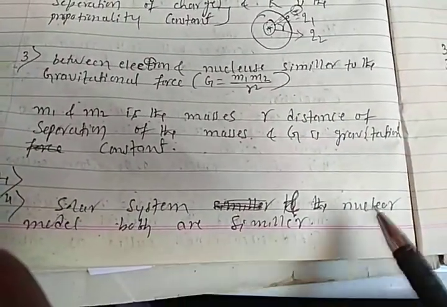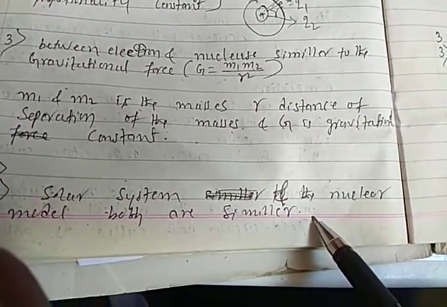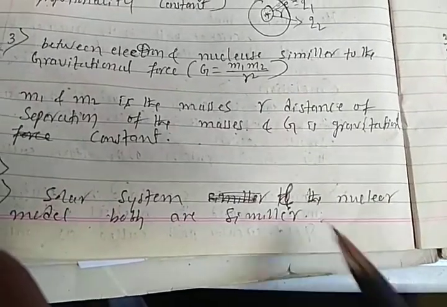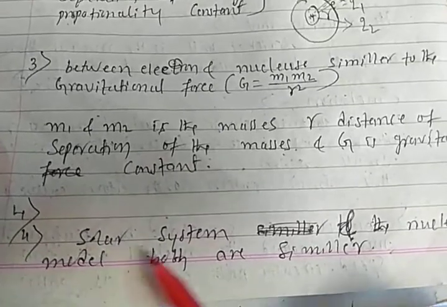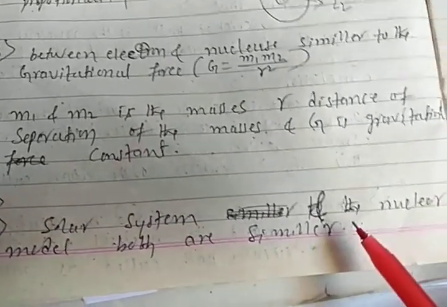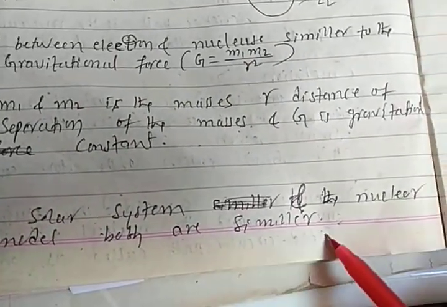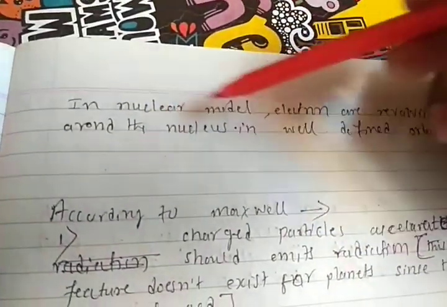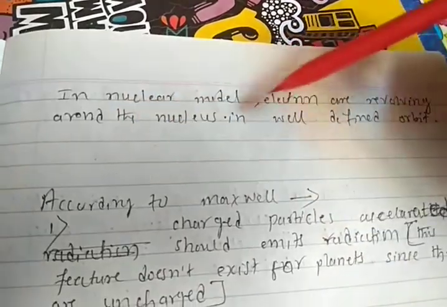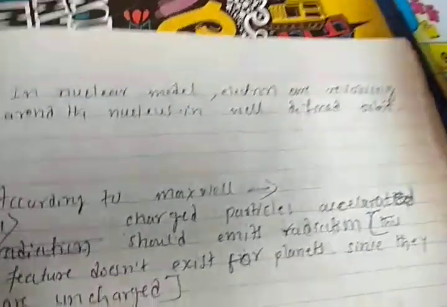The solar system and the nuclear model are both similar, with electrons revolving around the nucleus in a defined orbit.